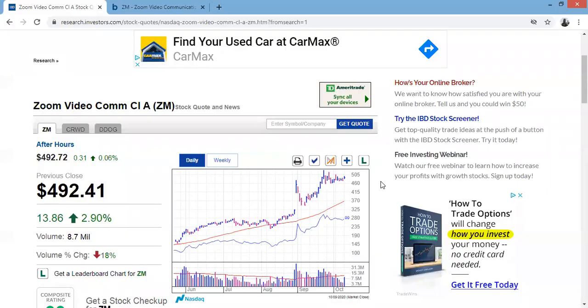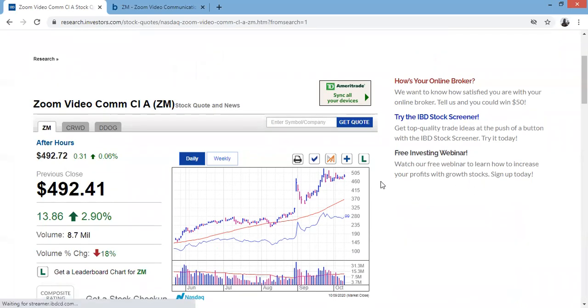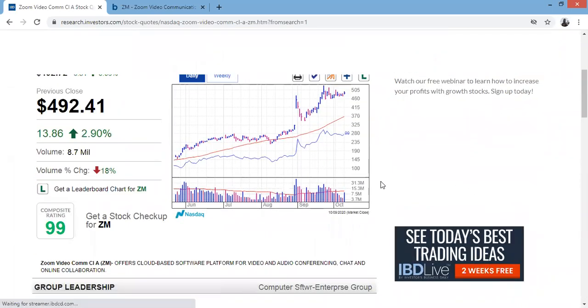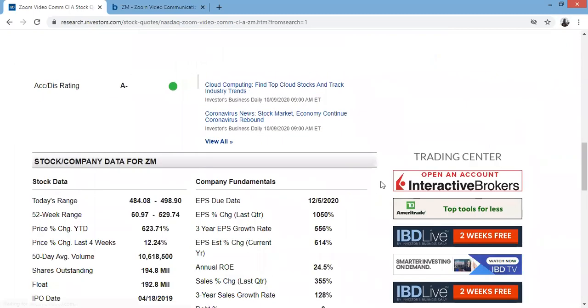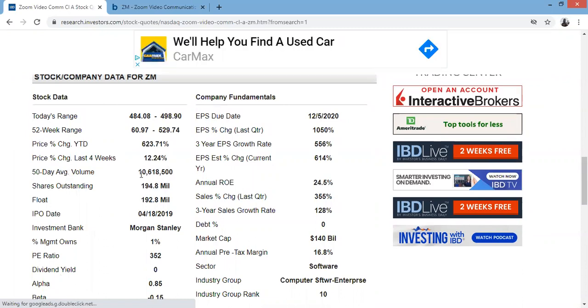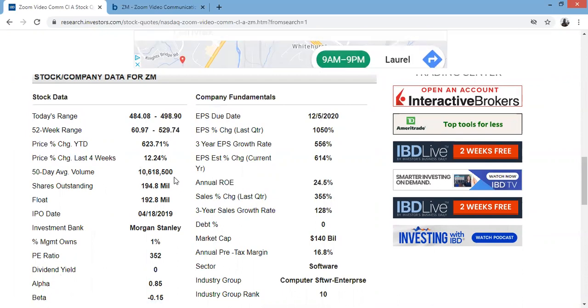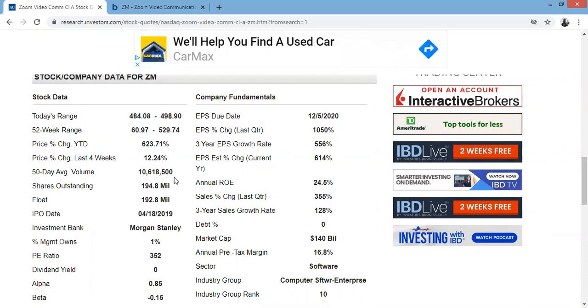It's also very important when looking at stock charts to find out how much your stock trades every day, or its average daily volume. And the reason this is important is because most of your stocks that go up, they go up on higher daily volume than usual.